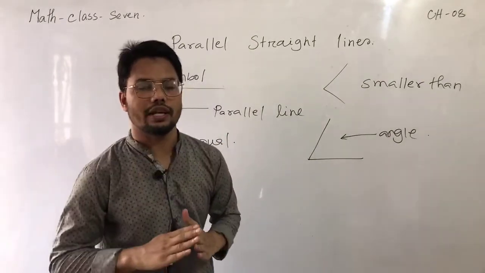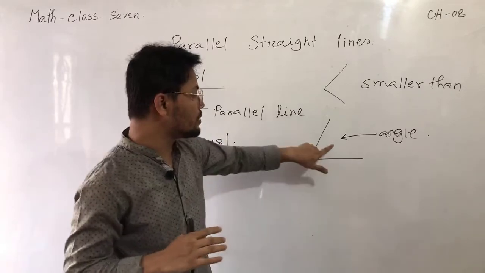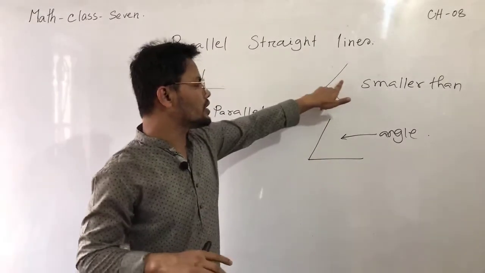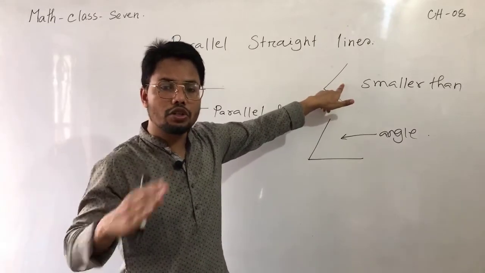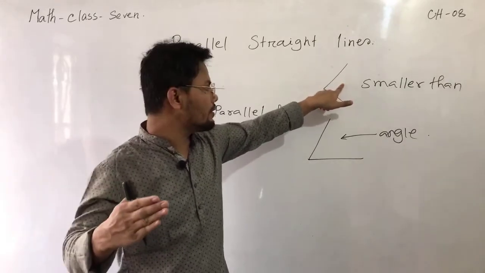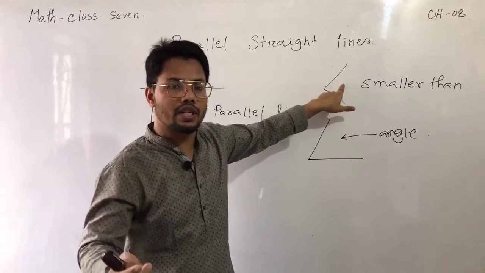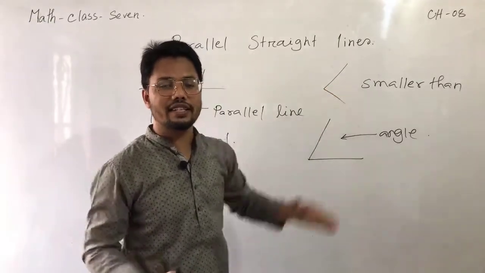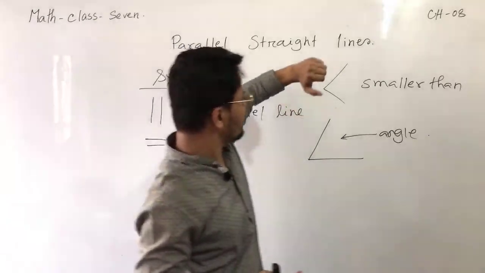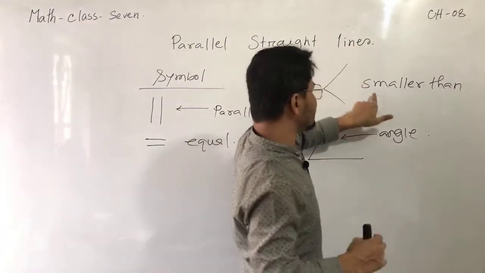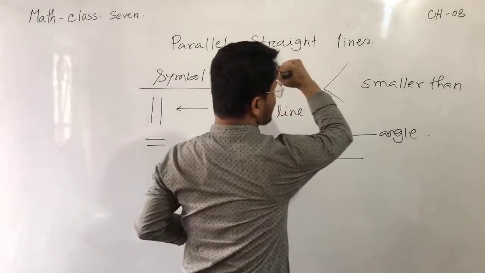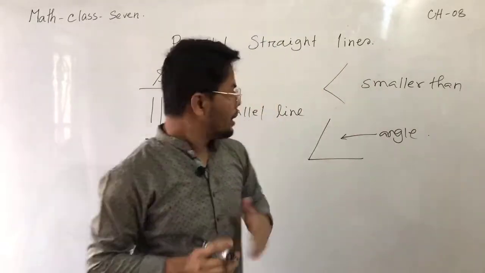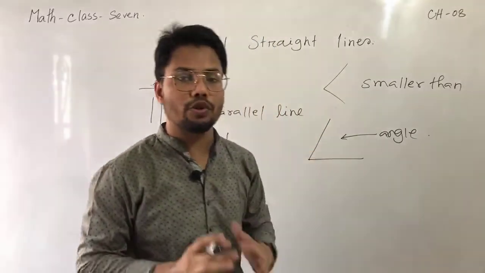Maximum students who are confused make mistakes in writing this, and unfortunately we see it in the exam, not only class 6 and 7 students but also older students sometimes make the same mistake. This is not the angle symbol. It is the greater than or smaller than sign. If we use the left side, this indicates smaller than. If we use the right symbol, it will be the greater than symbol. But the angle symbol and the greater than symbol are not the same.